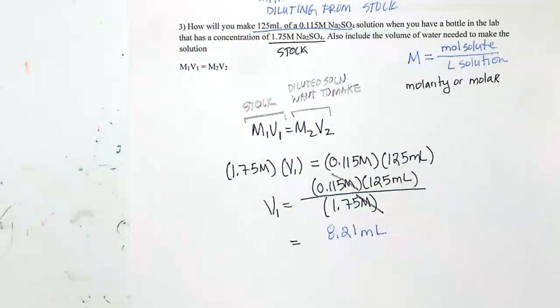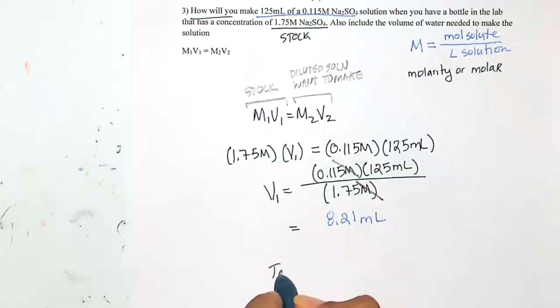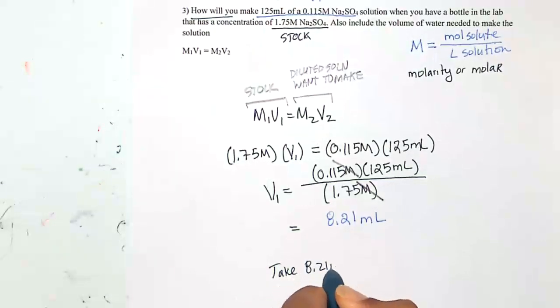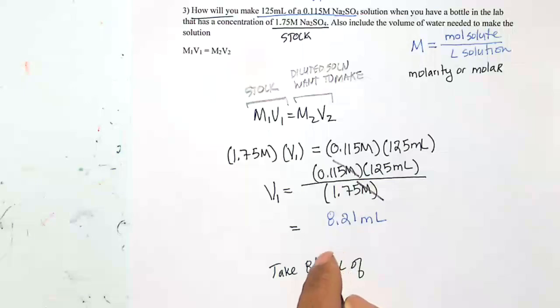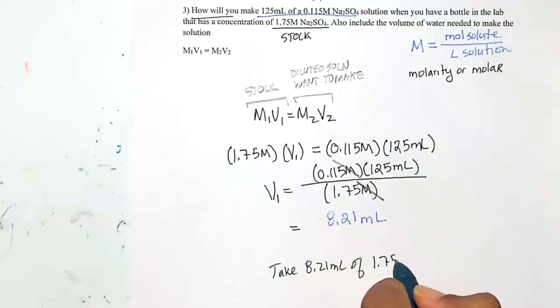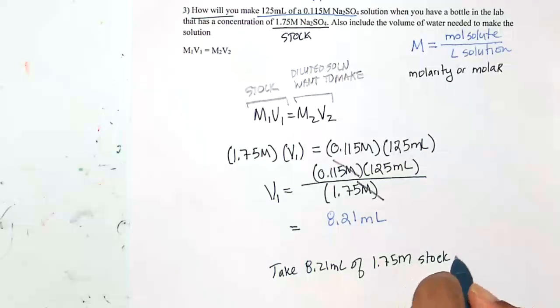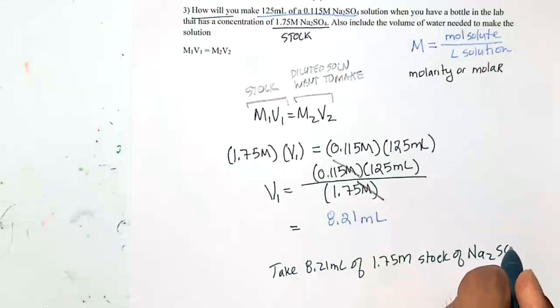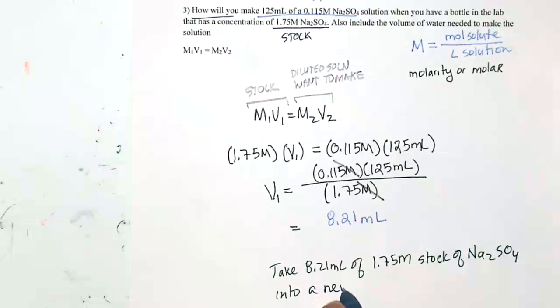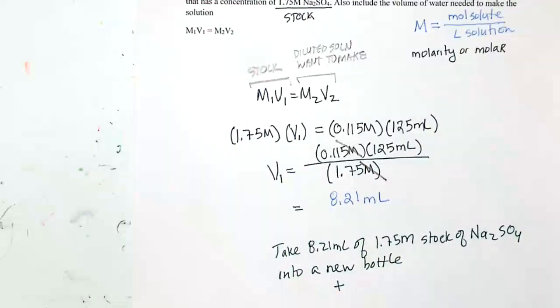Right, so the answer here is going to be how will you make this? We will take 8.21 ml from the 1.75 molar stock solution. Take 8.21 ml out of that into a new beaker or a new flask, plus how much water?